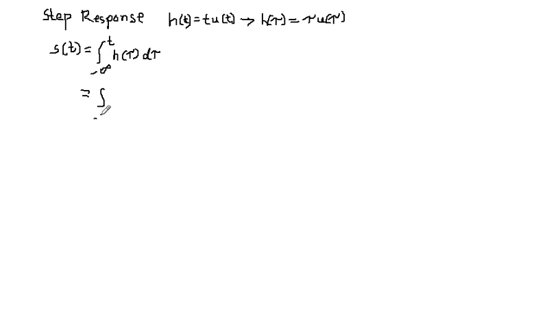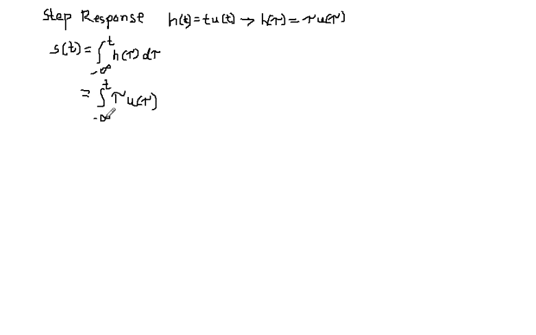So the integral is from minus infinity to t of tau and u of tau. When u of tau is there in our equation, it indicates that the signal range is from 0 onwards.